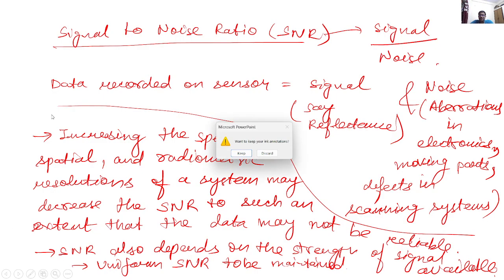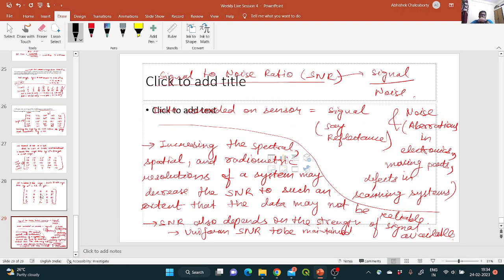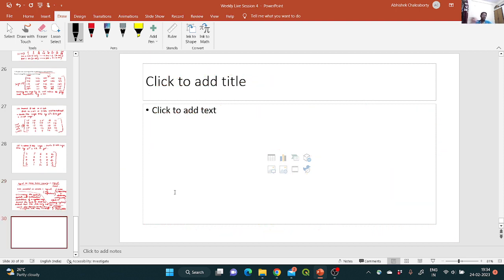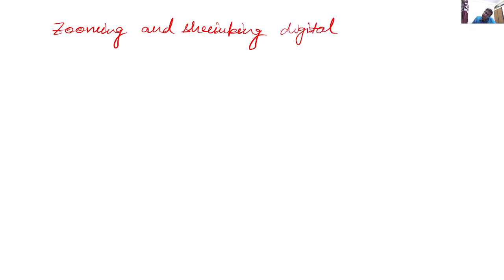The last part of today's discussion would be on the zooming and the shrinkage of the images. Let's see how they're done. How do we zoom and shrink digital images?